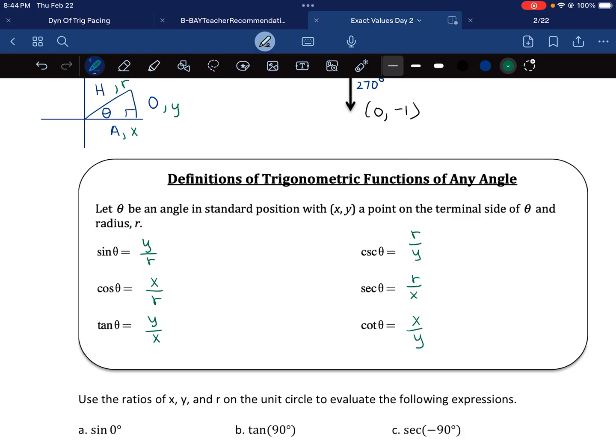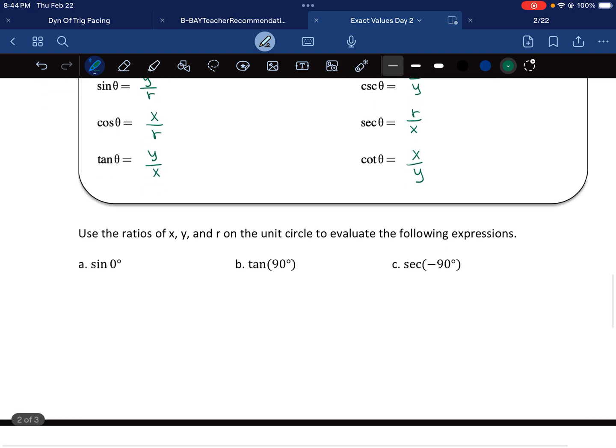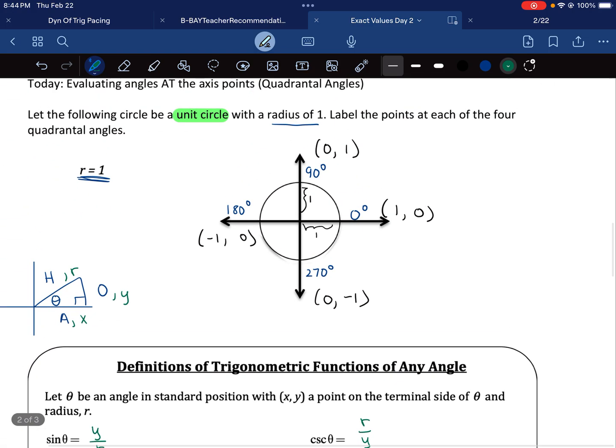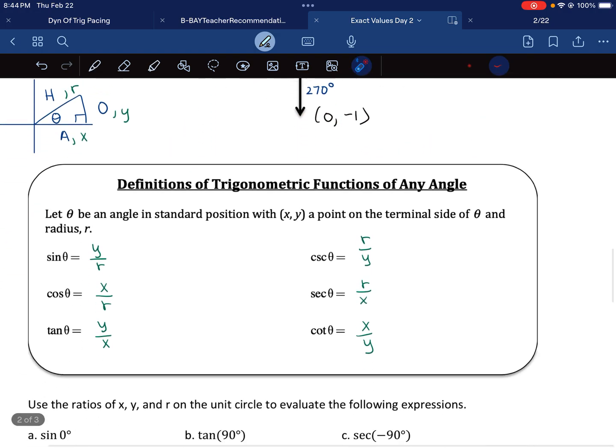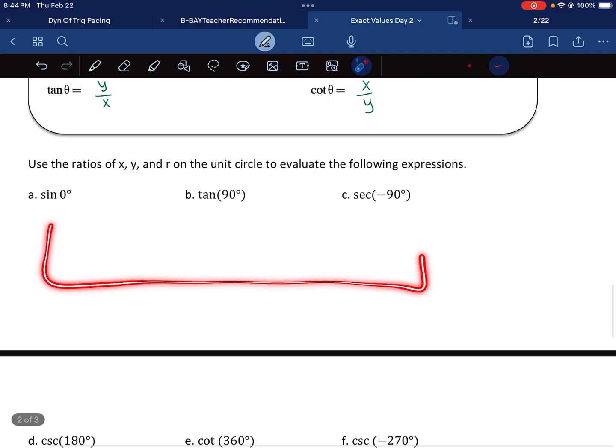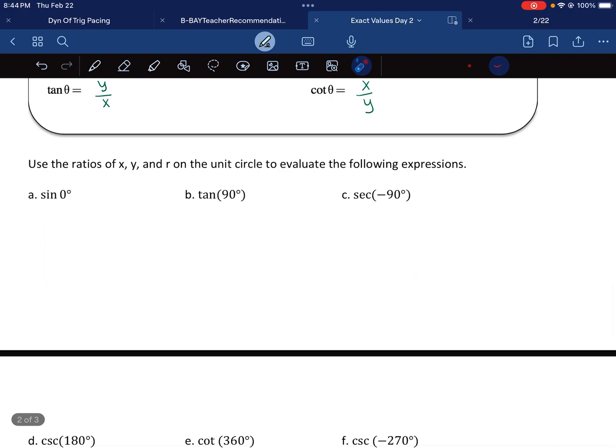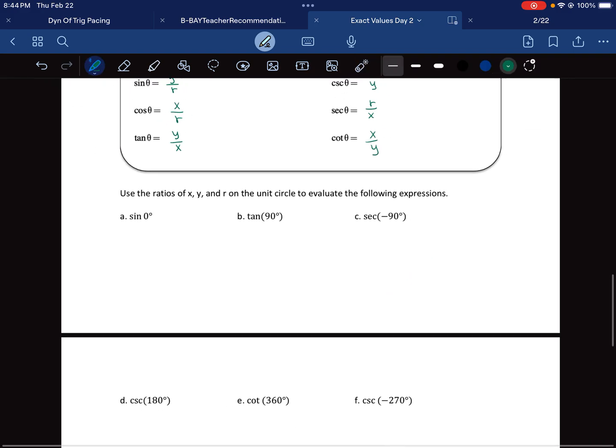All right, now we're going to go through a few of these problems. The main thing is that we are going to take this information and apply it down here when solving. Also, we are going to add to our chart.